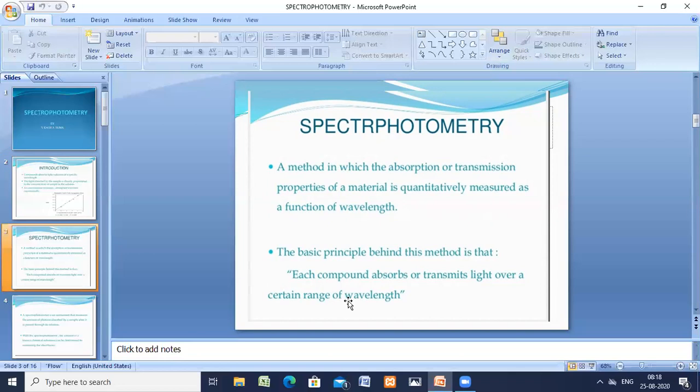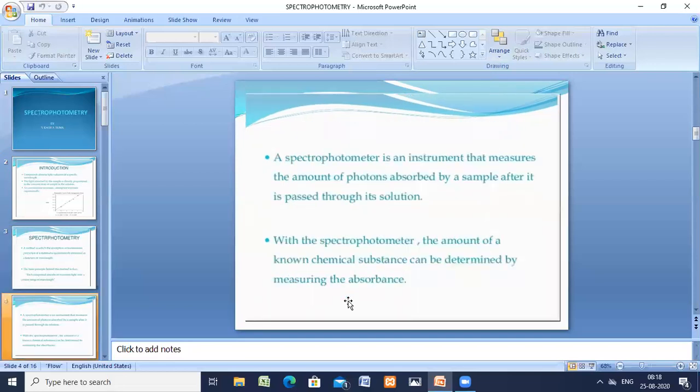So these three phenomena occur when light passes through a solution. The incident, absorbed, transmitted and reflected intensities are related: I0 = IA + IR + IT.